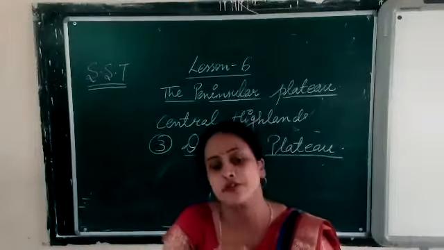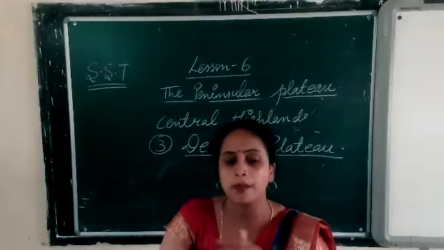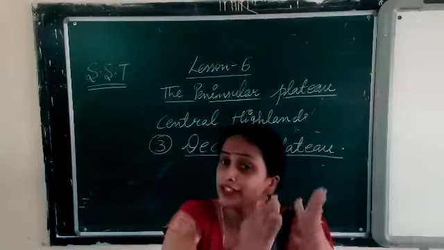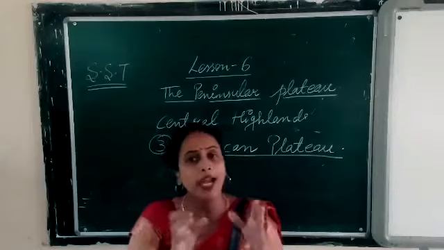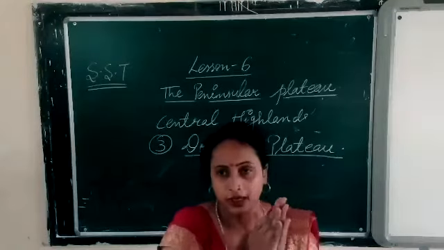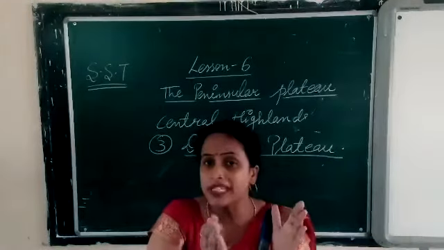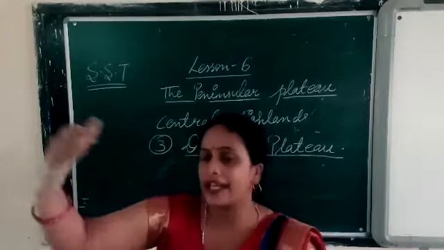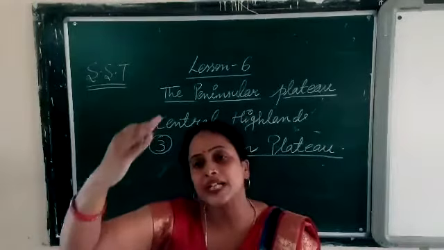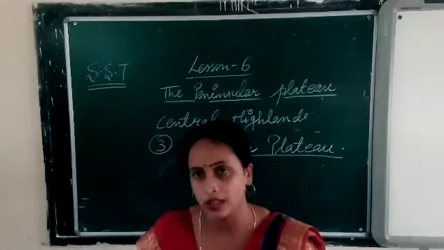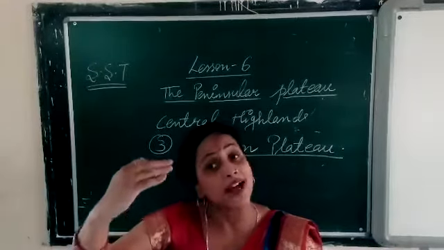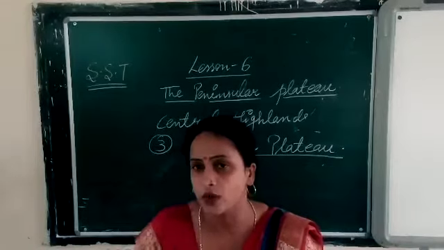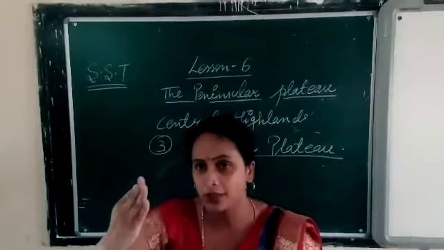The quantity of rain in different parts of the plateau. It means different plateaus have different quantities of rain. Everywhere equal rainfall is not there. All the plateaus do not receive equal rainfall. Is it clear now?